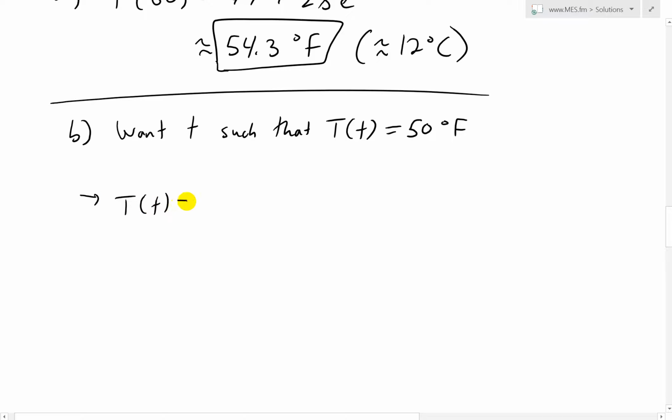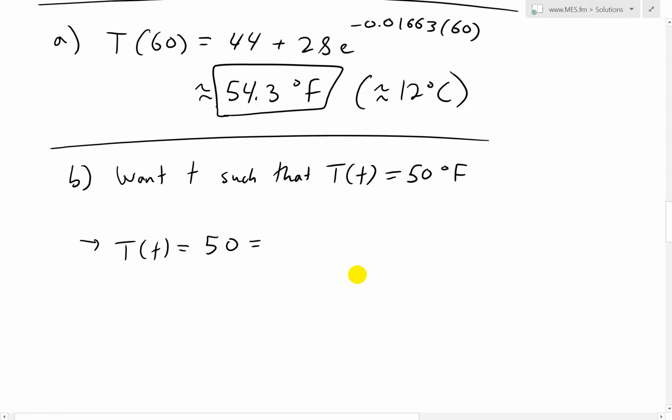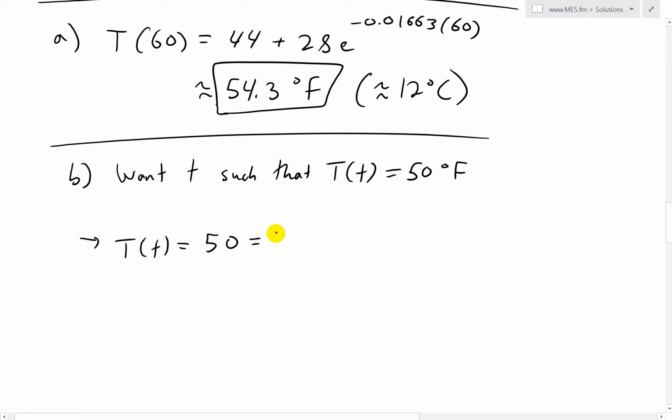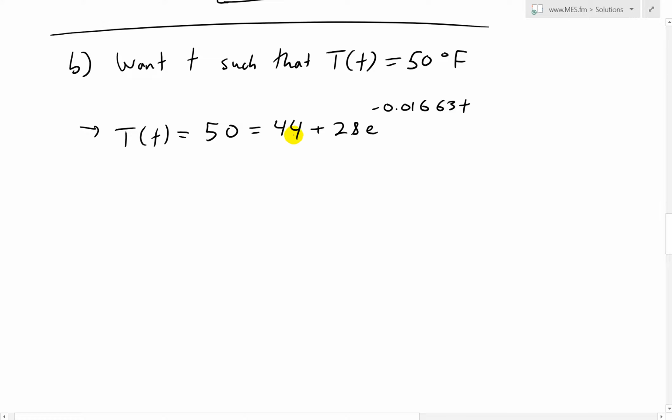So T of t is equal to 50, and this equals, just plugging into the formula, 44 plus 28 e to the negative 0.01663 t. This is t, not 60, so that's just t. Now we move the 44 over to this side and divide by 28.